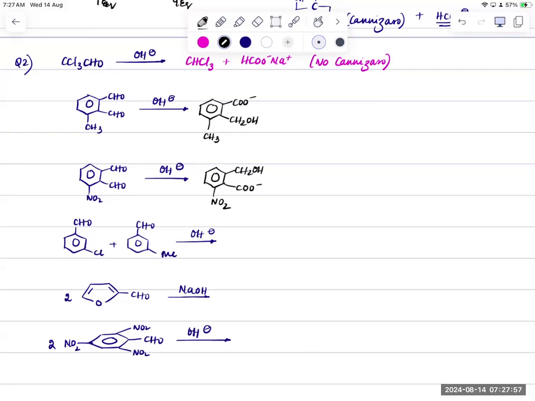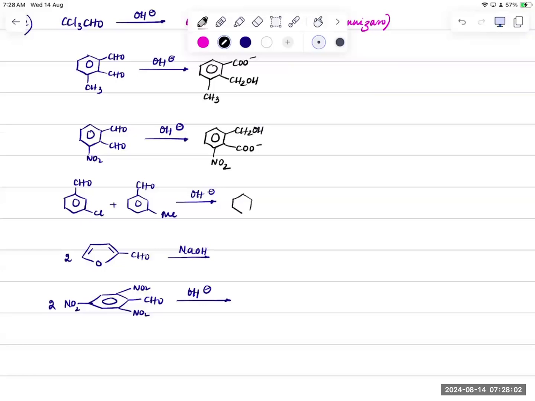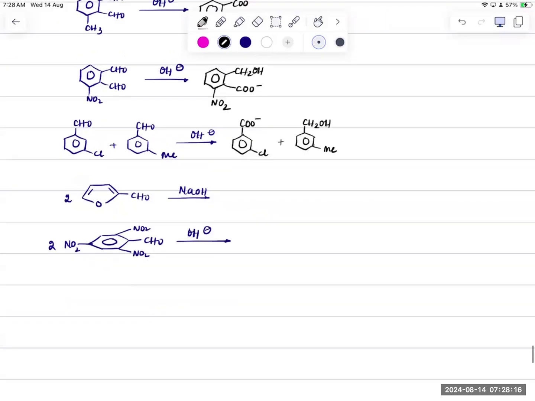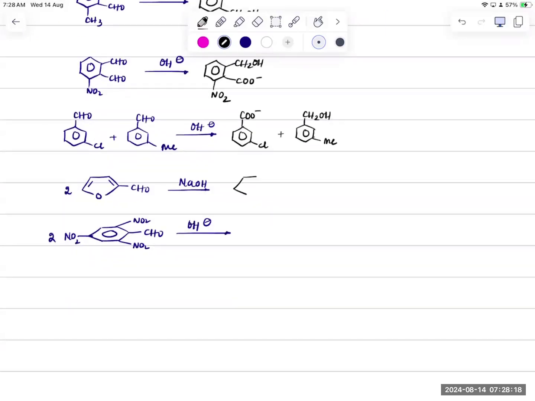That will make the first CHO more reactive. Here, the chlorine containing group is more reactive. So that will become acid and the methyl containing group will become alcohol. So CH2OH with methyl group. Next, this is furfural. Furfural 2 moles will give us CH2OH and one will become acid, CO minus.